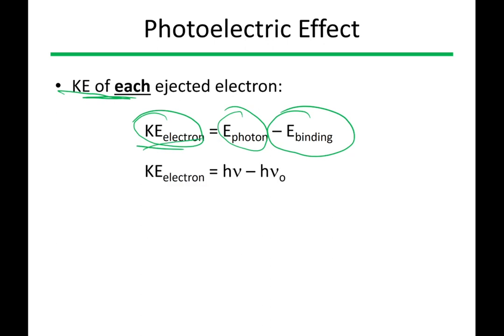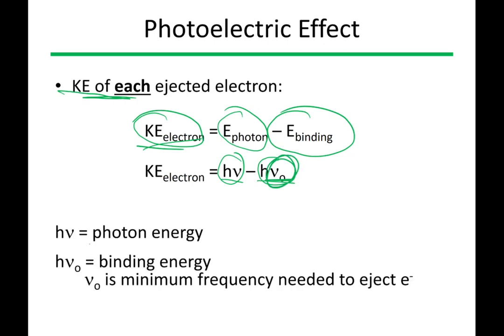And since this energy is related to the constant times the frequency, we can rewrite this showing the frequency of the photon and the frequency of the lowest possible energy photon to cause an ejection. So again, we have the photon energy and the binding energy with this minimum frequency needed.